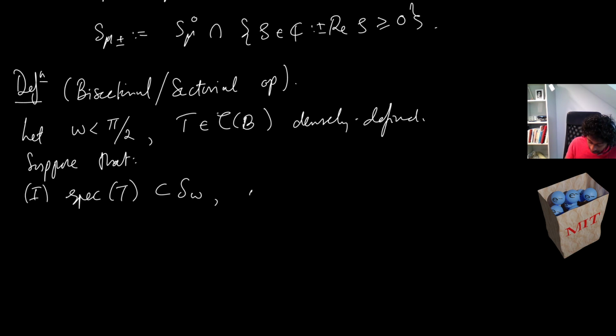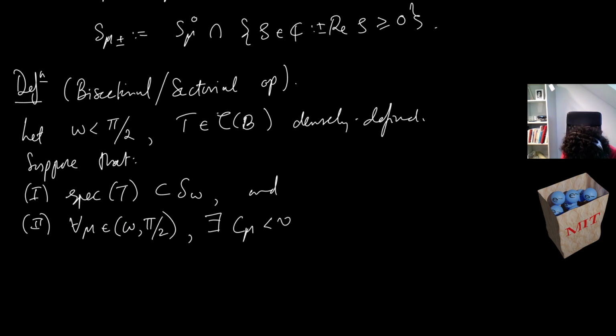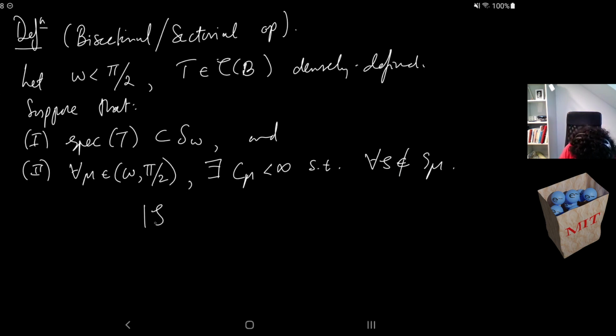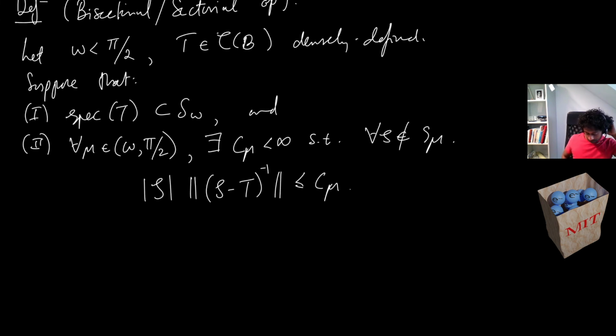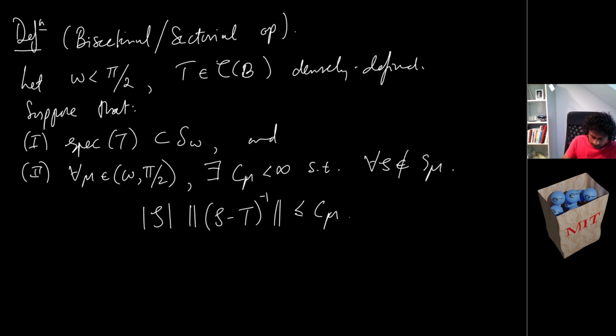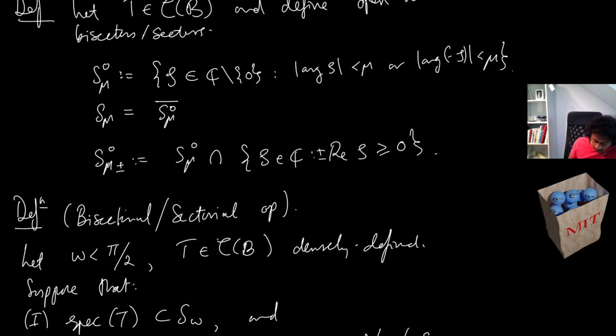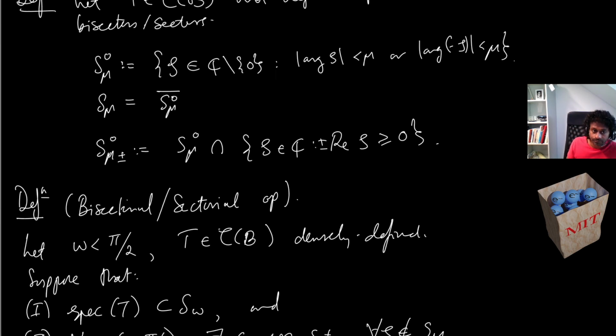Second, for all mu greater than omega, less than pi on 2, there exists some constant C mu such that whenever zeta is not in S mu, we have the estimate that the norm of zeta times (zeta minus T) inverse is bounded by C mu. Sorry, this is S minus naught.